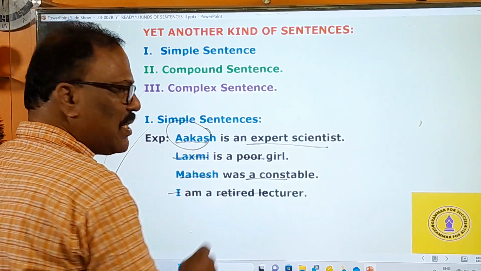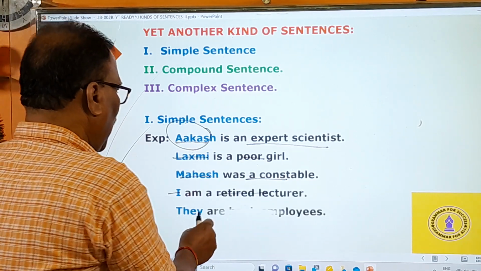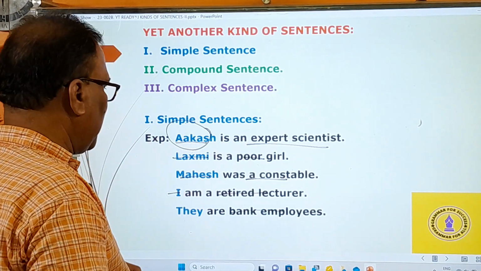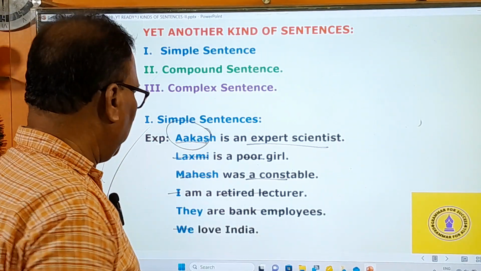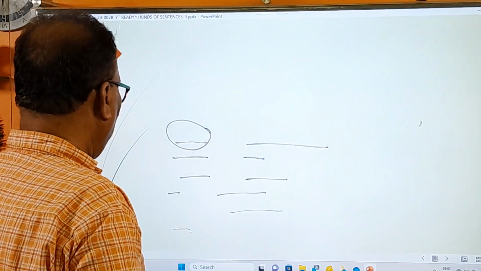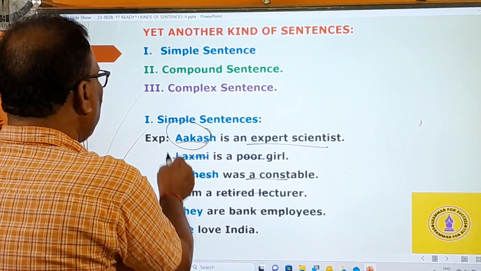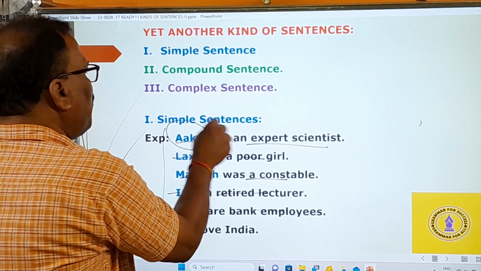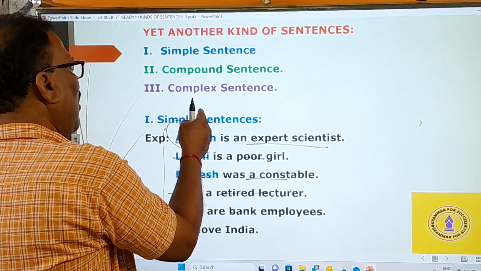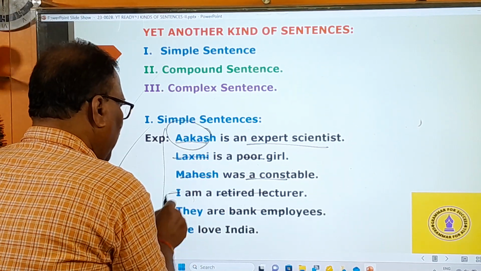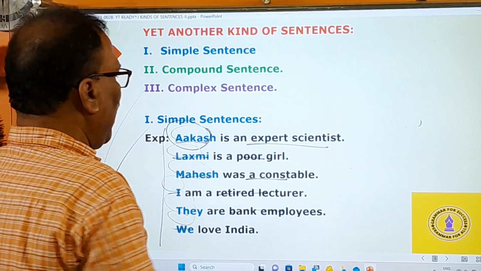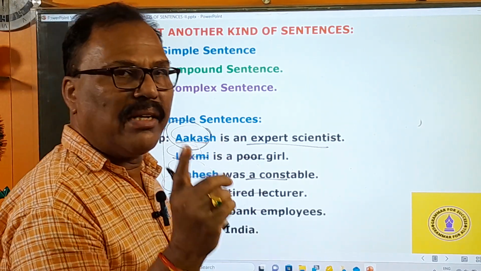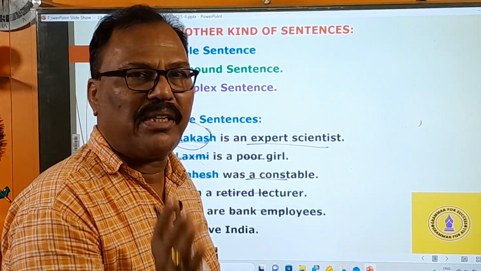I am a retired lecturer. They are bank employees. We love India. So these are all simple sentences, and all these sentences begin with a subject, and they do not have either coordinating conjunctions or subordinating conjunctions.